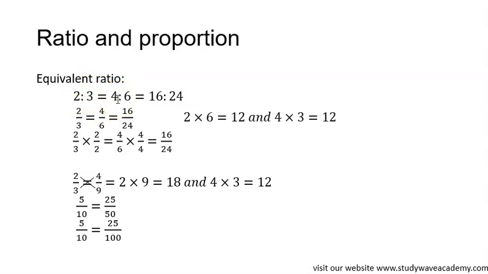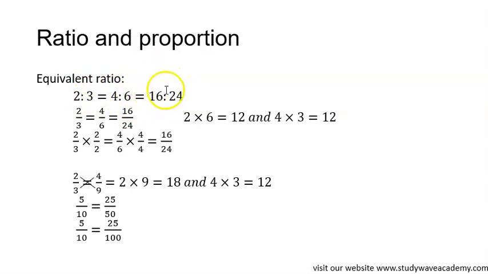Remember we said proportion is an equation stating that two ratios are equal. So it's like equivalent ratio. This is still the same as this, okay? They may look different, but they mean the same thing, okay? 2 ratio 3 is still the same as 4 ratio 6 is still the same as 16 ratio 24.